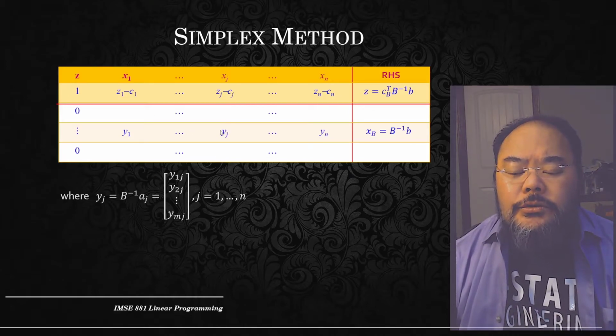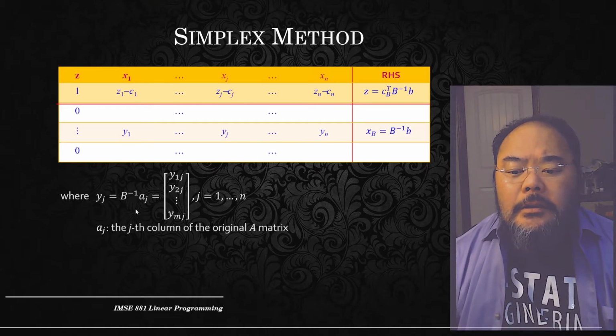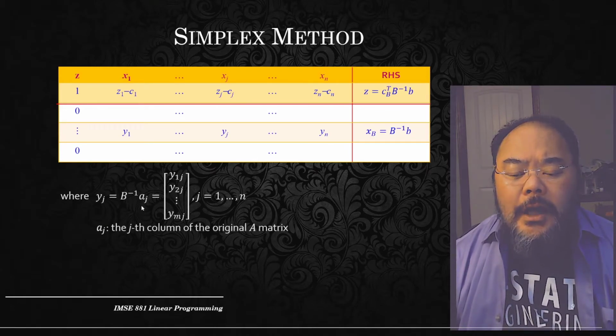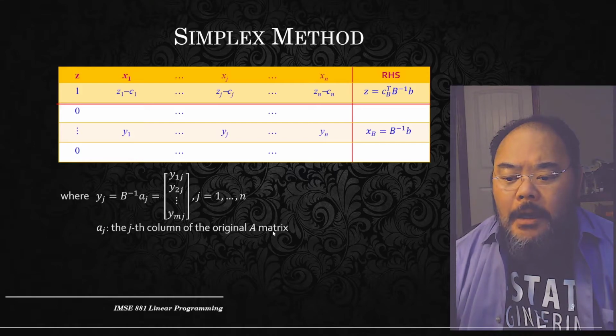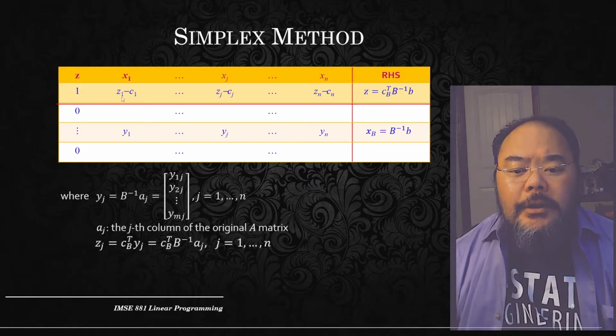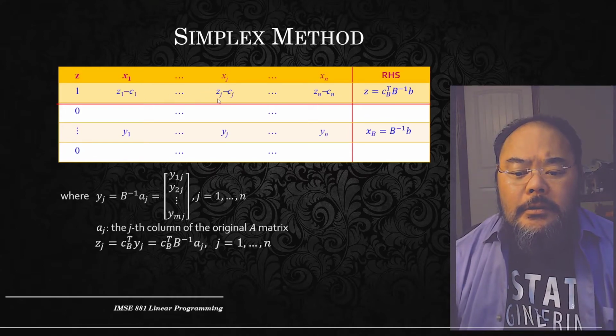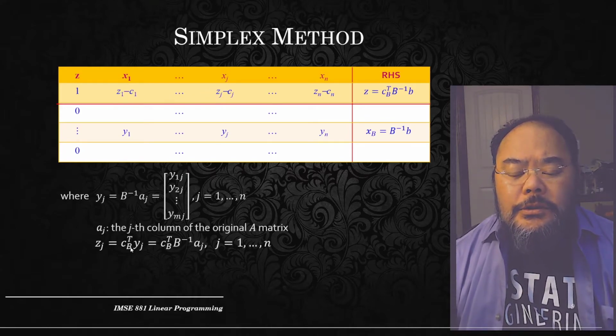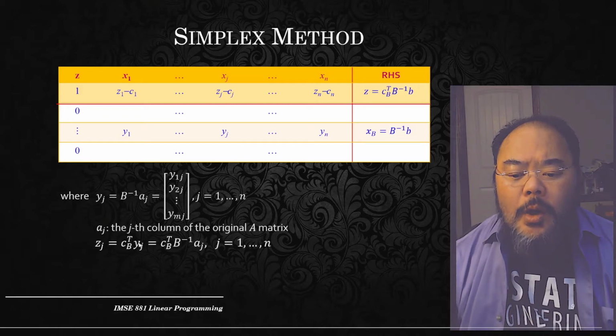Many times we're going to refer to them as y columns, and yj equals B inverse times aj, where aj is the jth column of the original A matrix, the original constraint matrix. And zj up here in row 0 equals cB transpose times yj.